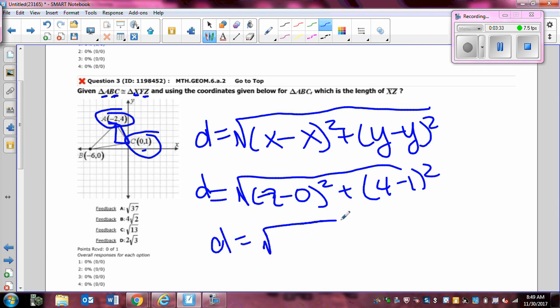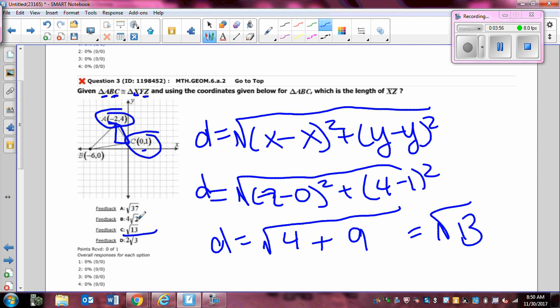Anything negative, when we square it, becomes a positive number always. -2 minus 0 is still -2, but when we square it, it becomes positive. 4 minus 1 is 3, squared is 9. The square root of 13, I don't think we can simplify that. If you use your calculator and you got a decimal, plug these numbers into the calculator also, square root of 13, 2 square root of 3, and you're going to get the exact same decimal.